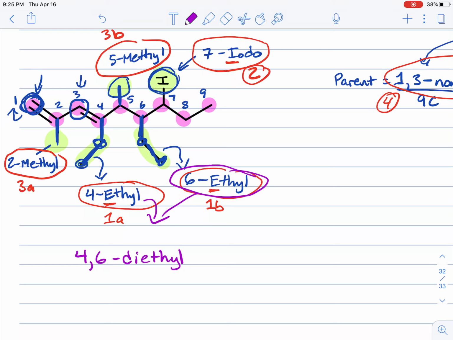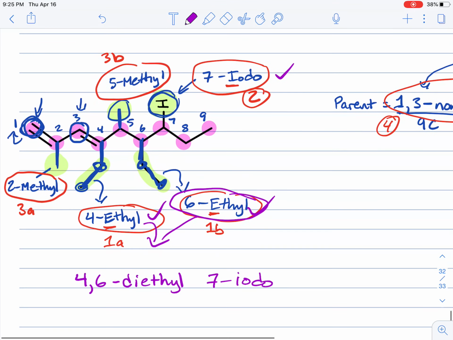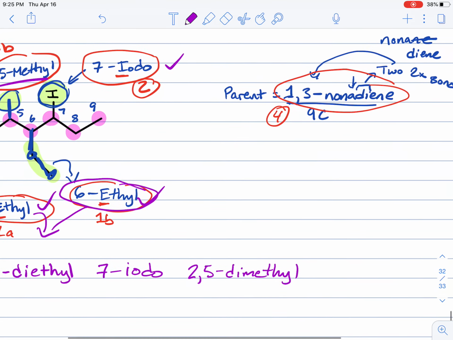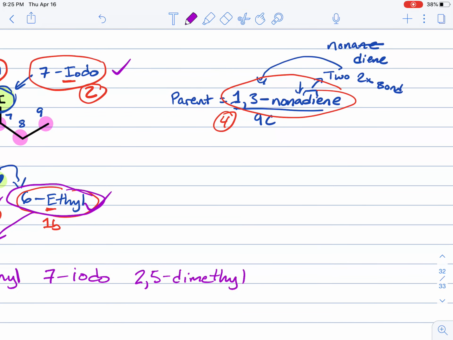Okay, so that finishes this and this. Next is iodo. So 7-iodo. And the next one is 3A, 3B, so that means I'm going to combine them. So 2-methyl, 5-methyl. So this is going to be 2,5-dimethyl. And then the last item is going to be 1,3-nonadiene.